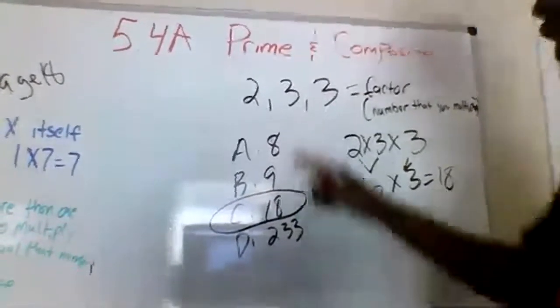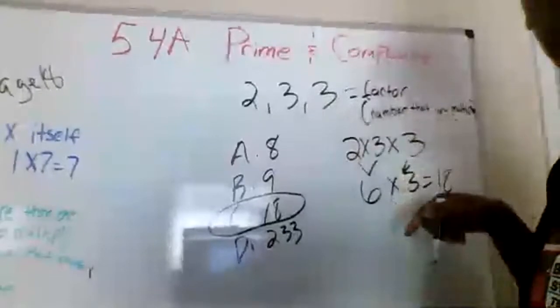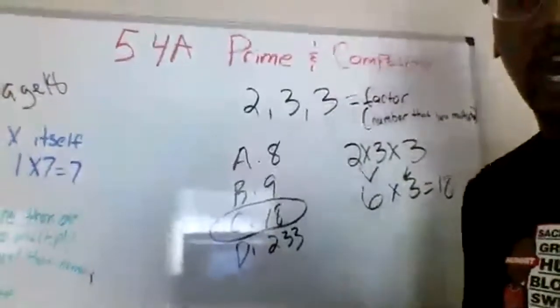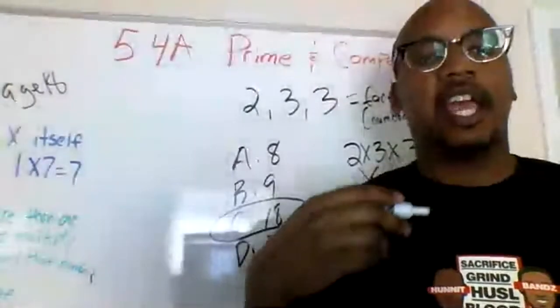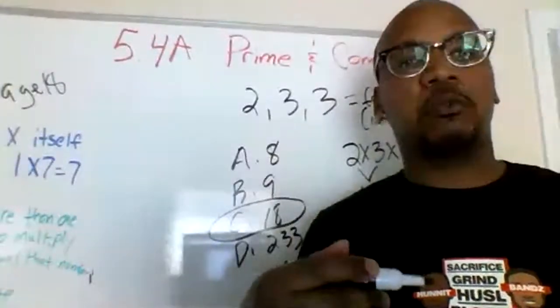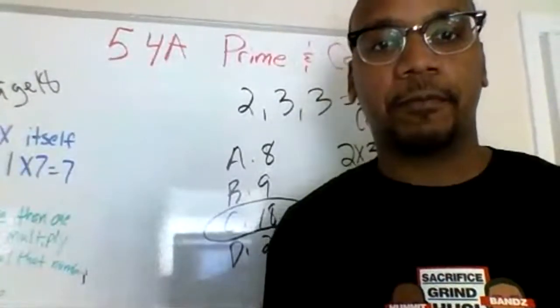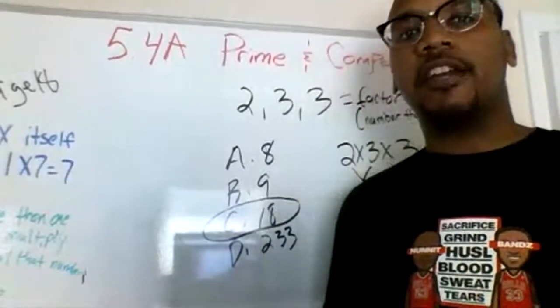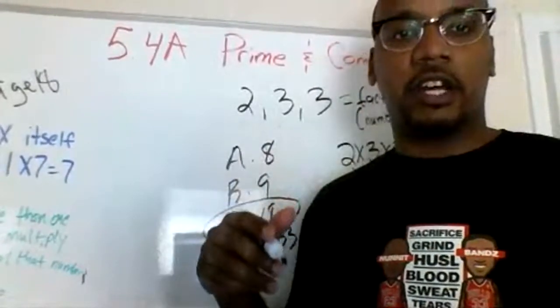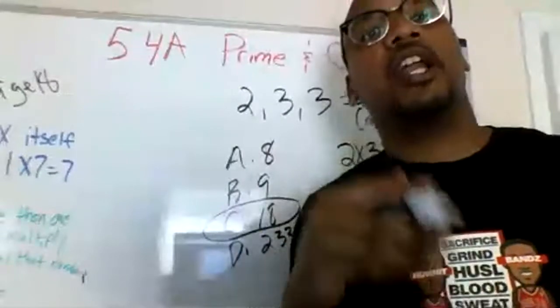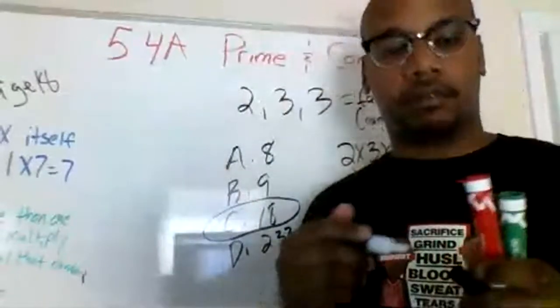These are factors of a number, right? Which means if it's a factor of the number, you have to multiply those factors to get the number. So if you ever hear about what are the factors of a number, that means what are the numbers that are multiplied to get that number.